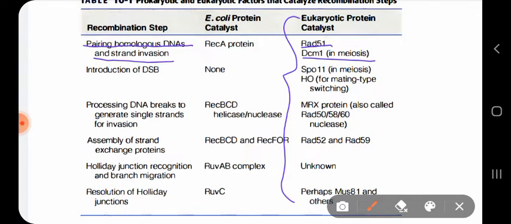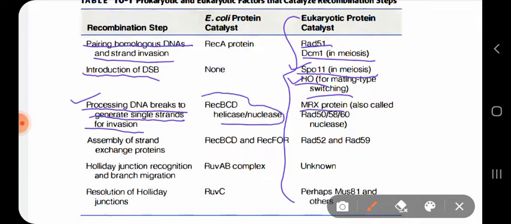The introduction of double stranded breaks in eukaryotes is done by SPO11 during the meiosis process, and by the HO protein for mating type switching, which you will see. For the processing of DNA breaks to generate single strands for strand invasion, it is done by the MRX protein, also called RAD50, RAD58, RAD60 nuclease in eukaryotes, which was actually done by RecBCD in prokaryotes.